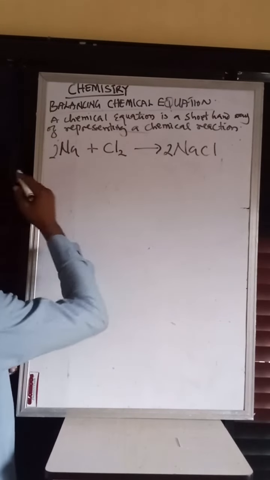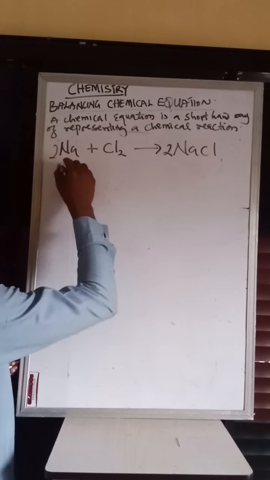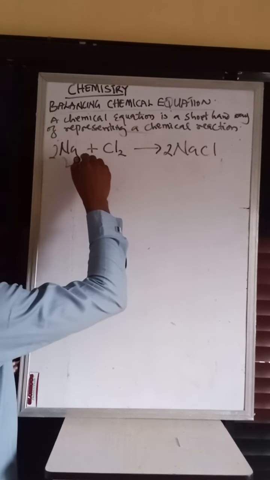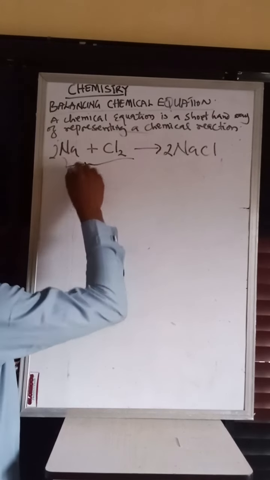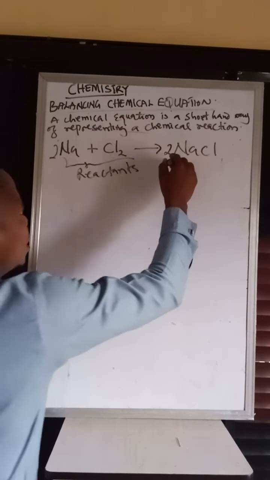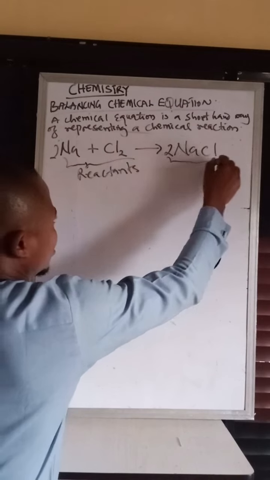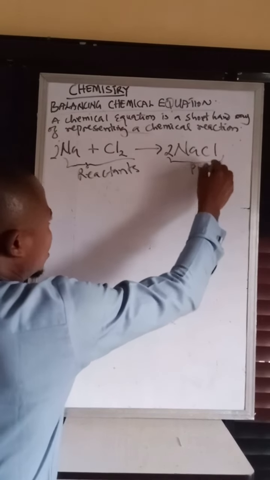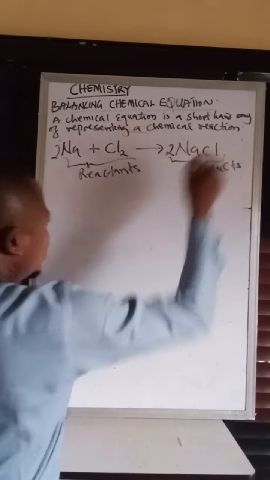Now, on the left hand side, which is the reactant side of this equation, this is what we call the reactant. And whatever we have here constitutes our product.